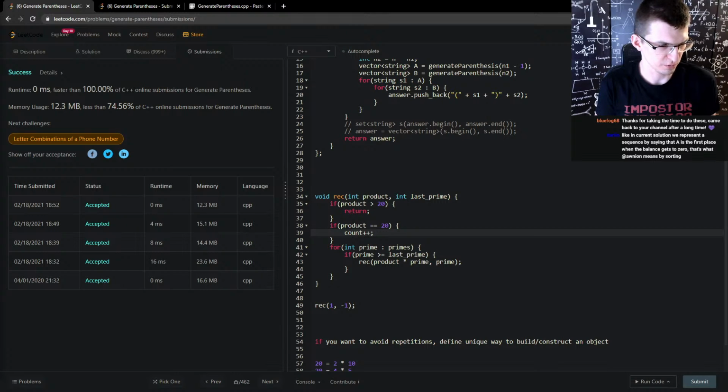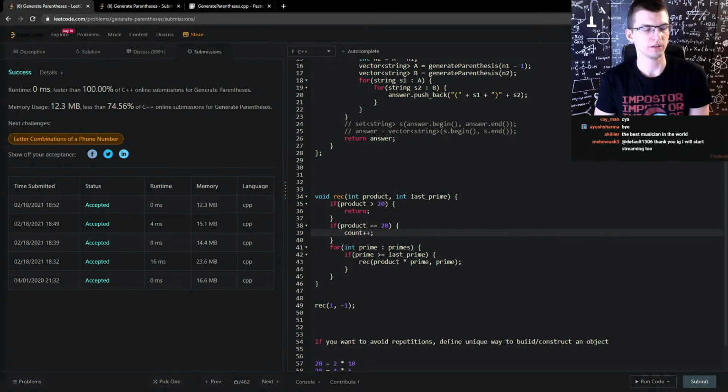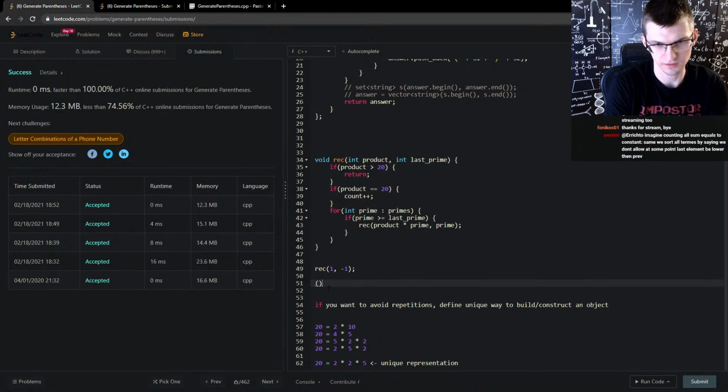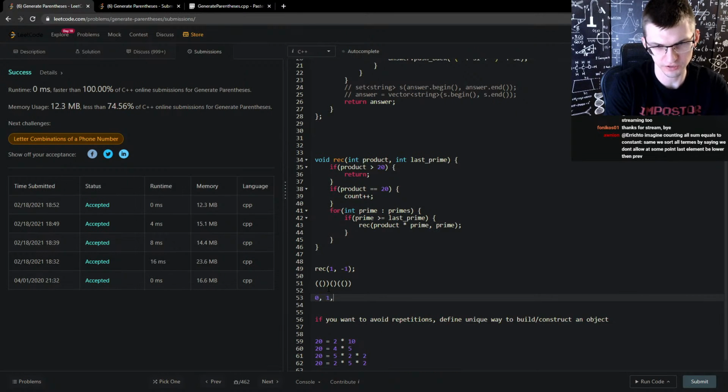Like in the current solution, we represent a sequence by saying that A is in the first place. When the balance gets to 0, that's what Onion means by sorting. Oh, all right. So for the balance, this is related to the balance starting with 0.